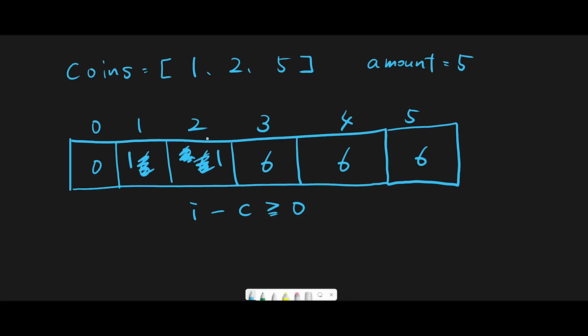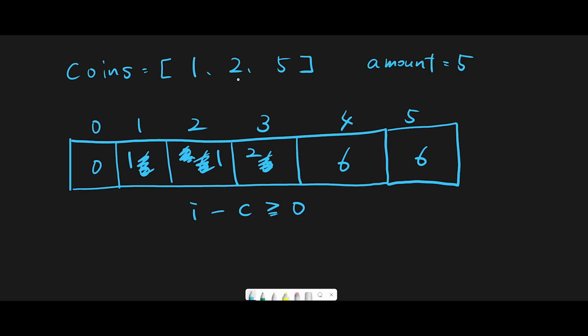To make up amount 2, the minimum is 1 coin. So if we use coin 1 this time, to make up amount 3, we need 2 coins, right? 1 plus 1 coin this time, so total 2. So 2 coins versus 6 coins, which is the minimum? 2 coins, right? That's why we update 6 with 2.